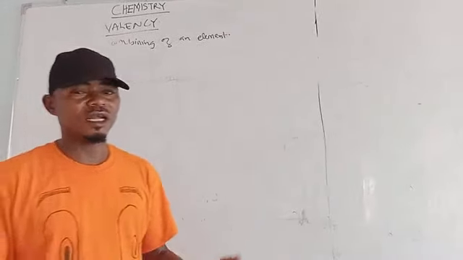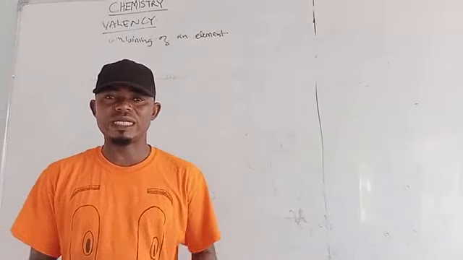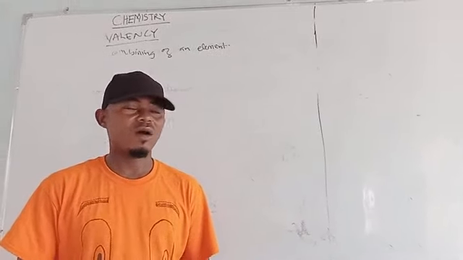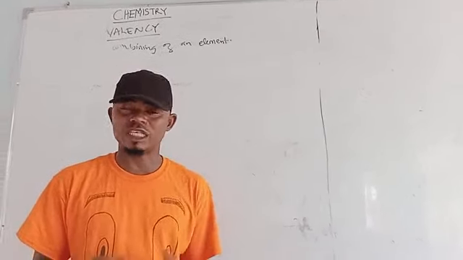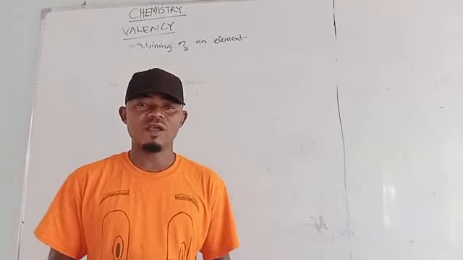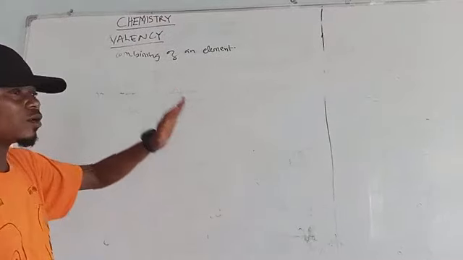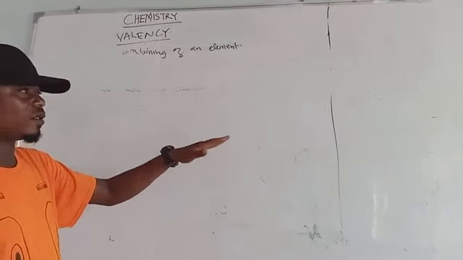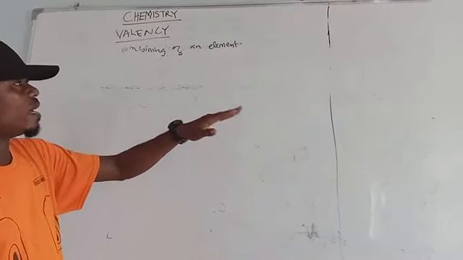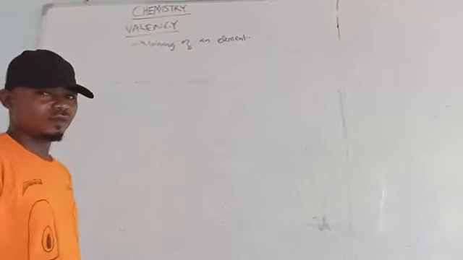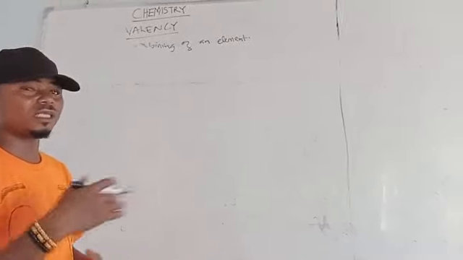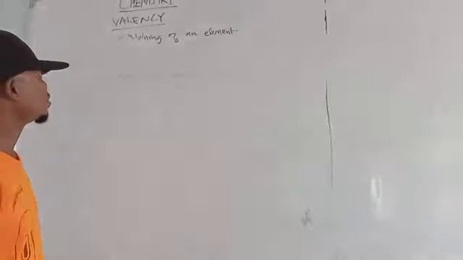It's either you give out your electron or you gain electron. We'll be dealing with that in electronic configuration. They are trying to attain either the duplet or the octet structure, which is a stable state for every element. Elements in group 1 give out electrons, while elements in group 7 accept electrons. That is all you need to understand now, though I've not treated electronic configuration.